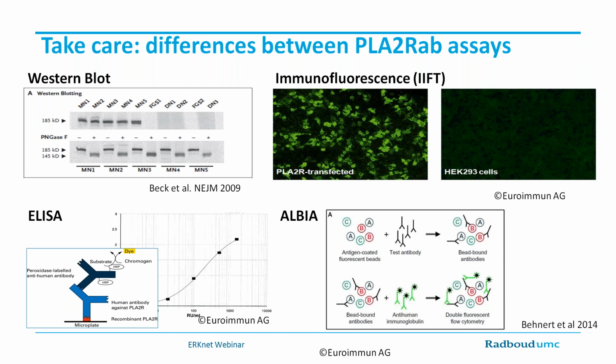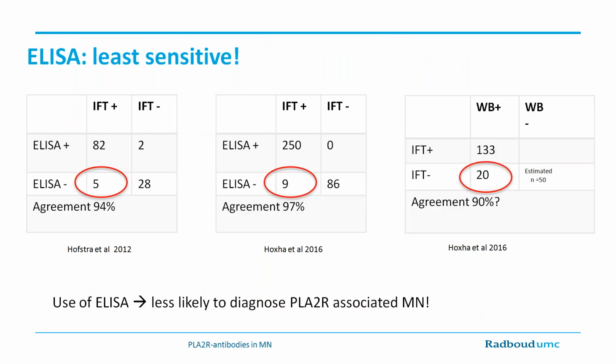What is important to realize is that these assays differ in sensitivity, and these are examples of some recent studies comparing the diagnosis based on immunofluorescence and ELISA, or Western blot and immunofluorescence. This table shows you that there are patients who are negative in ELISA and positive in the immunofluorescence technique, whereas the reverse, positive in ELISA and negative in the IFT, is a very rare event.